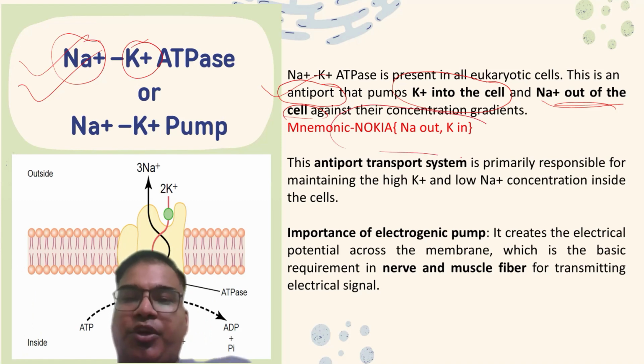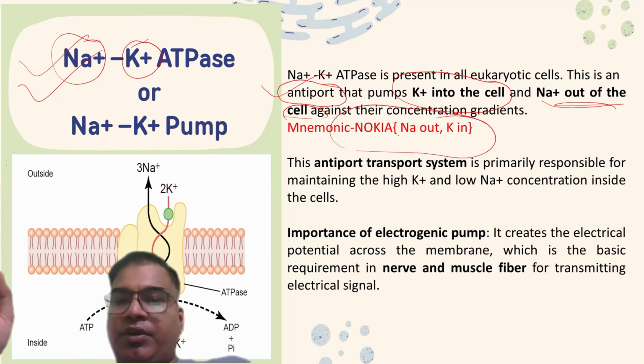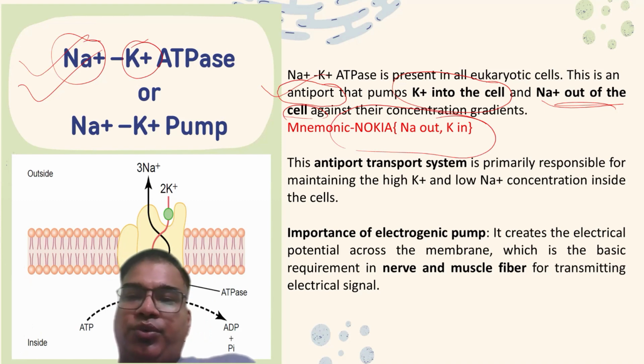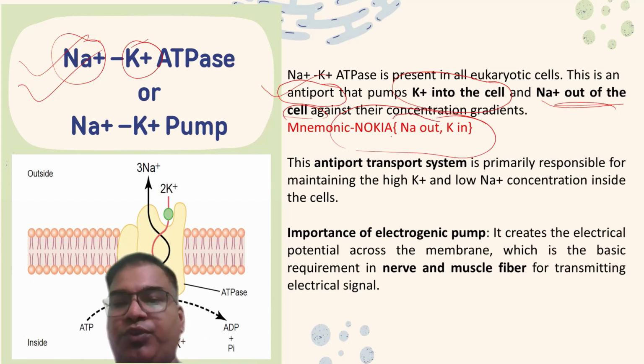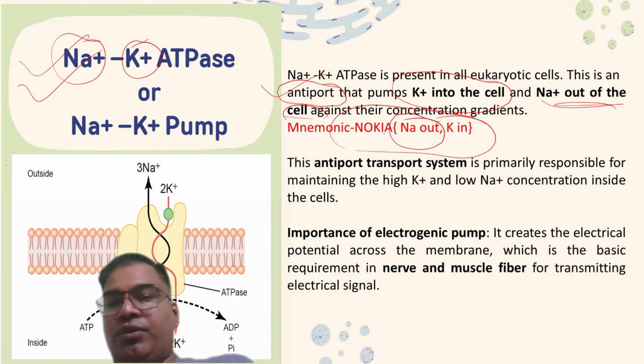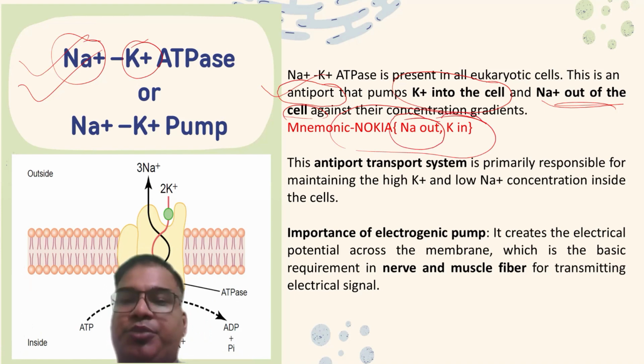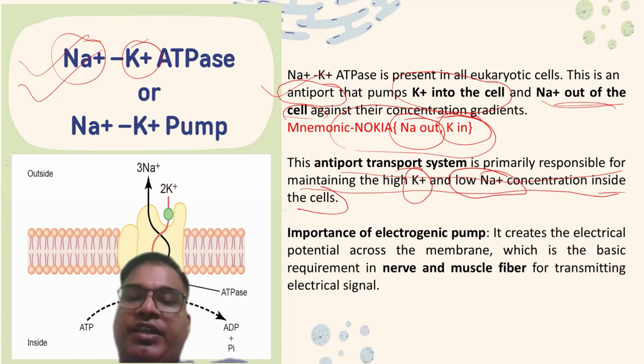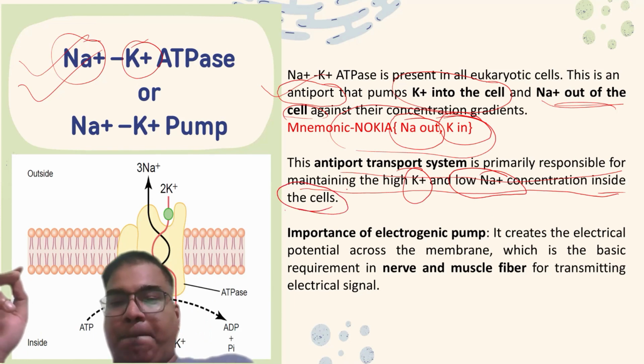With the help of this mnemonic, we could easily remember the movement of these ions: Nokia. There is a movement of sodium outside, and potassium is moving inside the cell. So this antiport system is primarily responsible for maintaining the high potassium and low sodium concentration inside the cell.